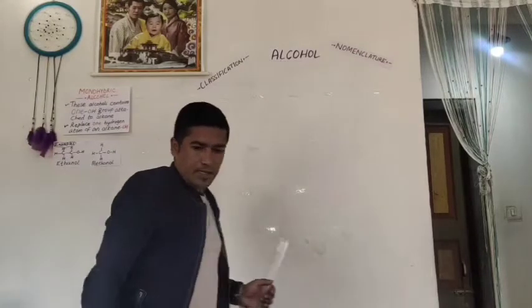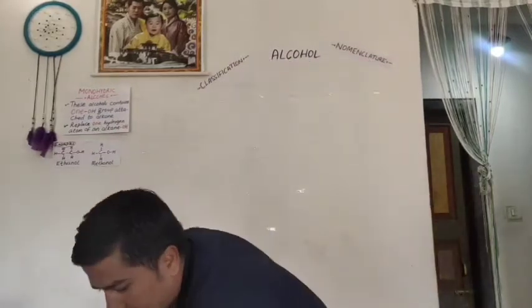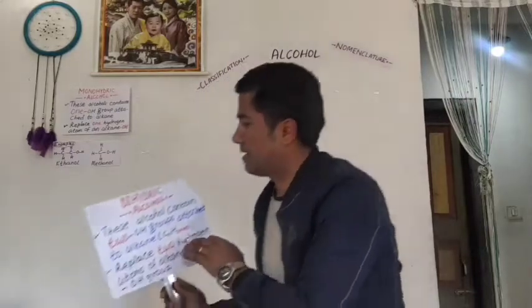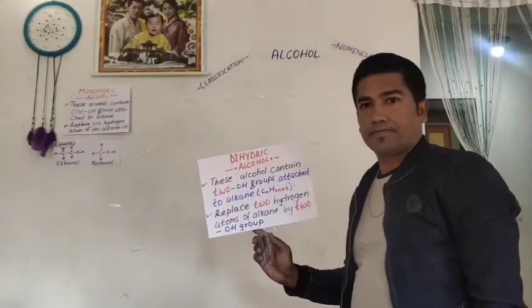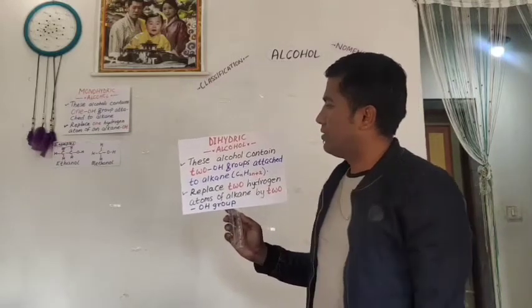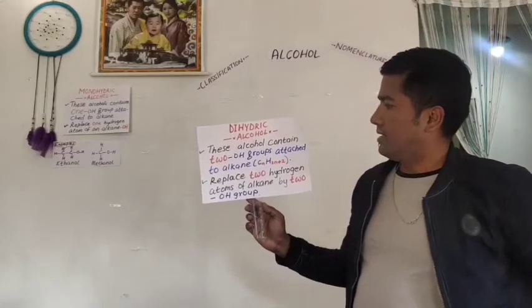Now the second category of alcohol under classification, we call it dihydrate alcohol. This alcohol contains two OH groups attached to an alkane.